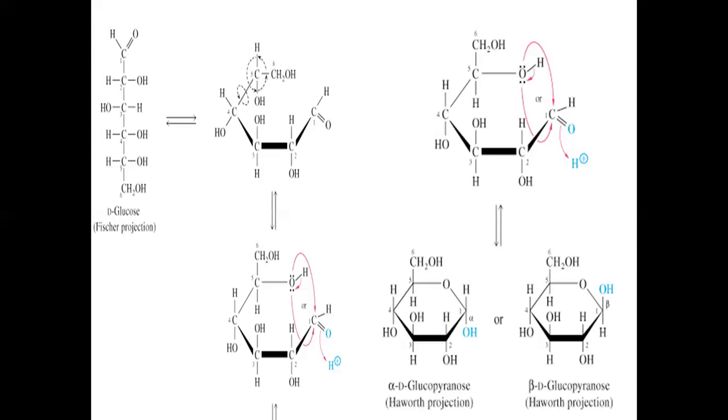So these sugars are those that contain the aldehyde group that can be oxidized. However, all monosaccharides are actually reducing sugars. So even fructose, which is a ketose, is also a reducing sugar because it's able to isomerize to an intermediate with an aldehyde group.